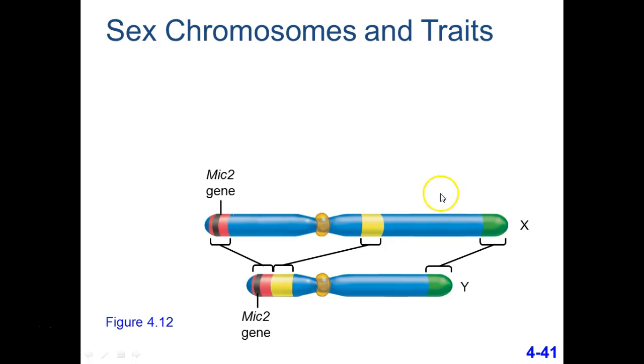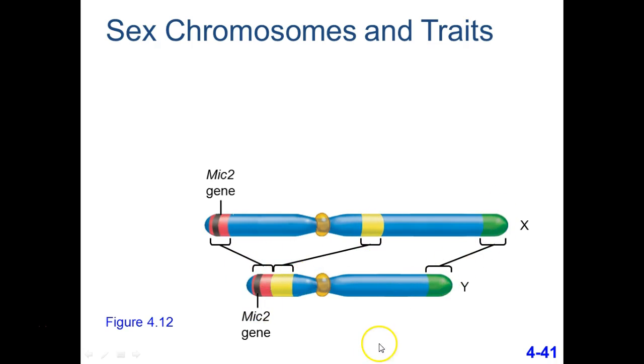So X chromosome, Y chromosome, right? Y is smaller. You'll notice that these regions that are colored represent genes, information that's the same on both X and Y chromosomes. Each one of them has a yellow region, each one has a green.